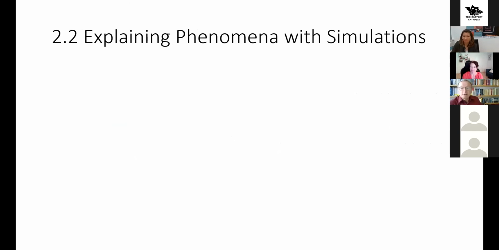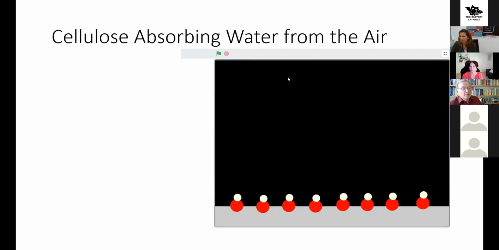Okay, this was simple storytelling. Now it gets a little bit more complex. Real simulations with some kind of agent-based modeling you can do with Scratch. And you can explain things that are observable, and you can explain it with real molecule models.